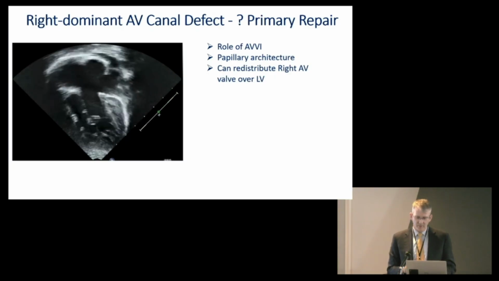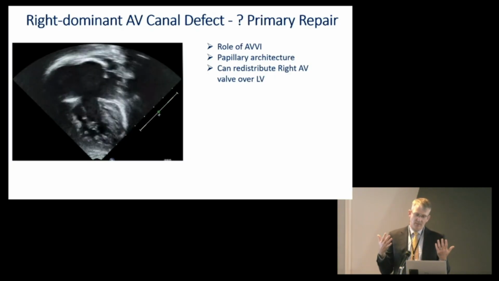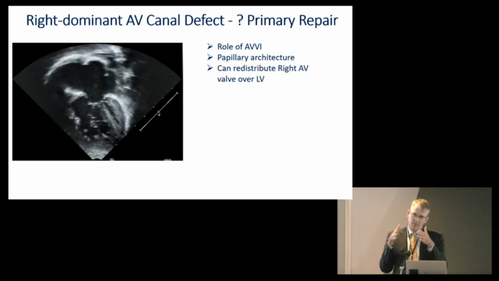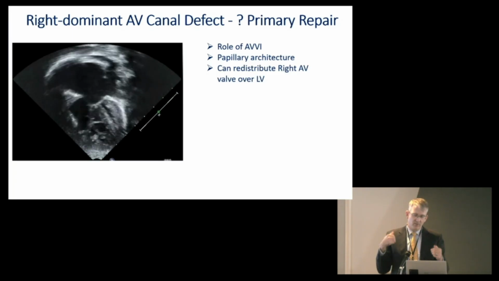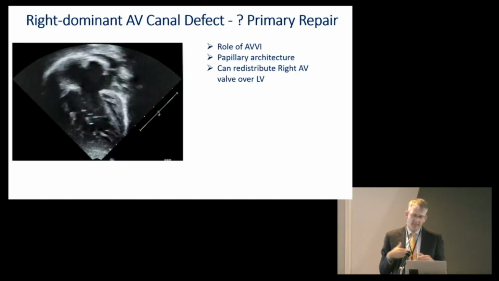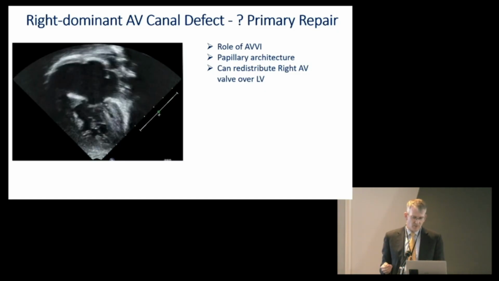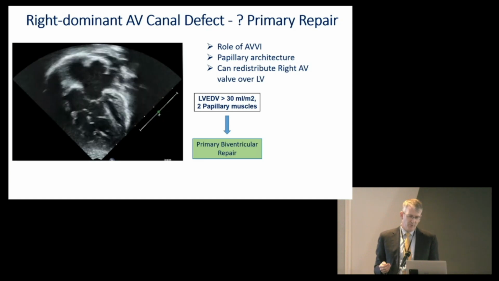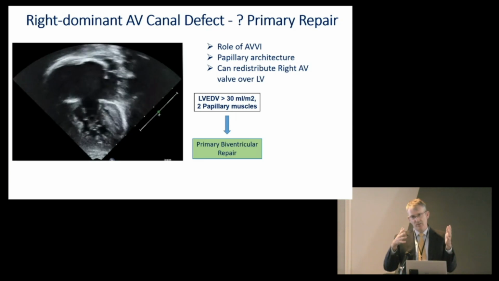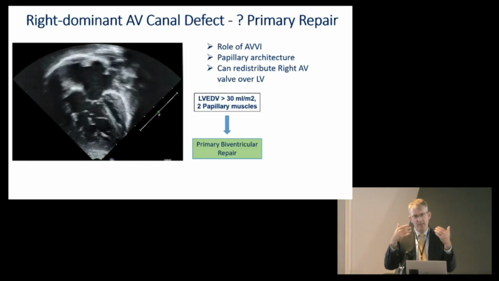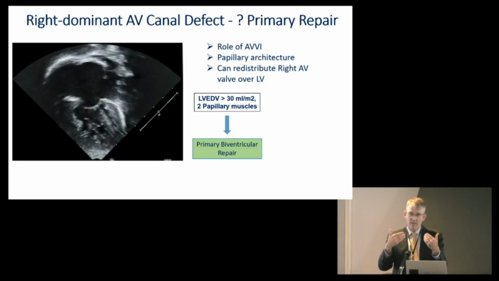But what we've been able to do is take surgical strategies to both encourage blood flow through that left-sided AV valve and into the left ventricle, and also do some work sometimes on the valve to encourage the left ventricle to grow. We think about these patients: what is the volume of your left ventricle, and what is the architecture, particularly of your papillary muscles?